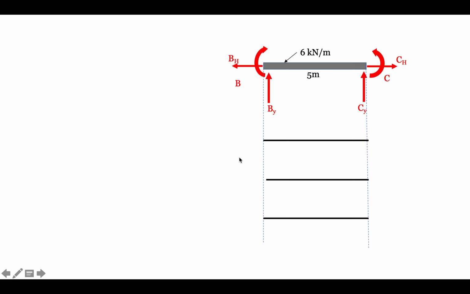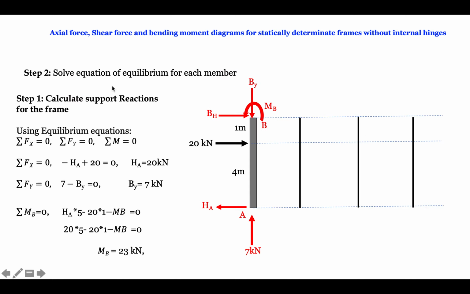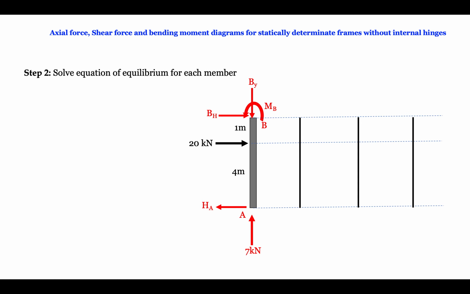Coming to the second member. For this particular case, BH value anyways was 0 for us. And for BY, our vertical reactions were 7 and 23. Okay, 7 kilonewton and 23 kilonewton.